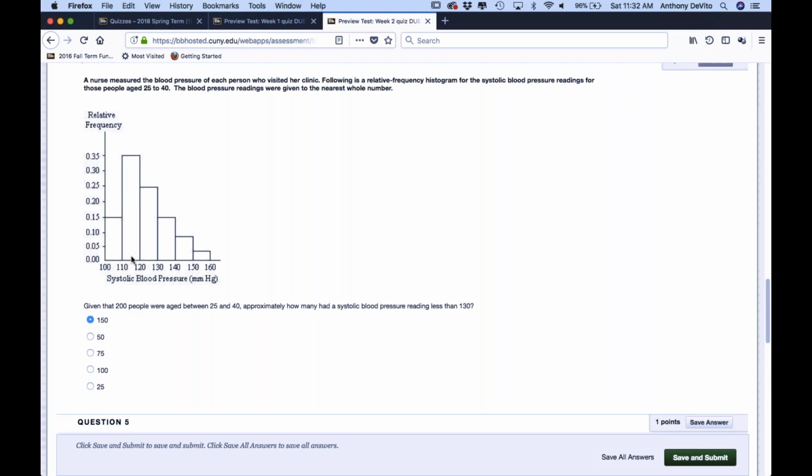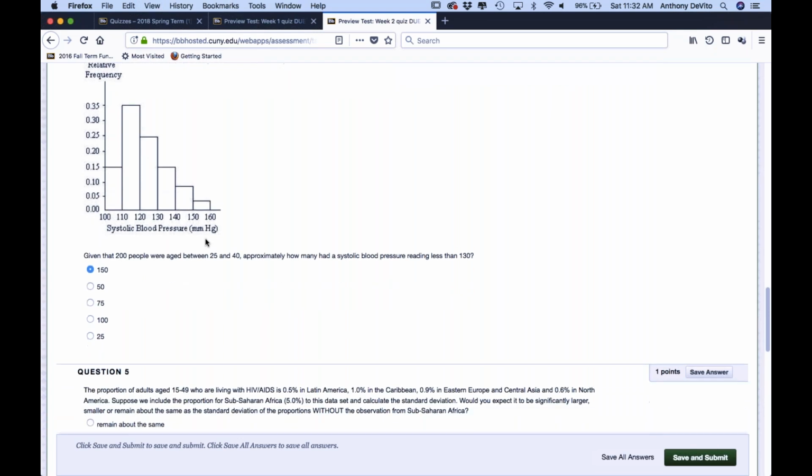The 50th person is 115, and the 51st person is 121. We can't really tell for sure, right? We know that the median is somewhere near 120, but from the histogram, we can just get a general idea where it is. That makes sense, Holly? Okay.